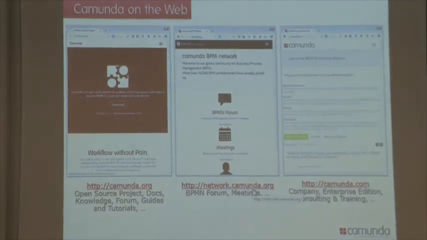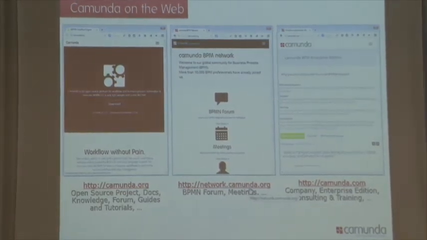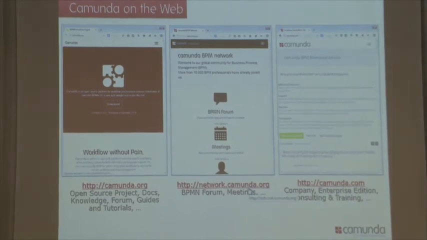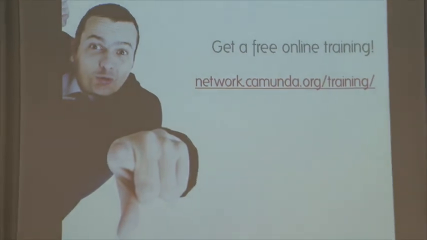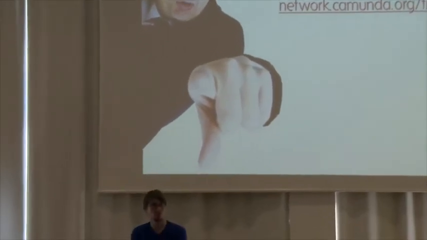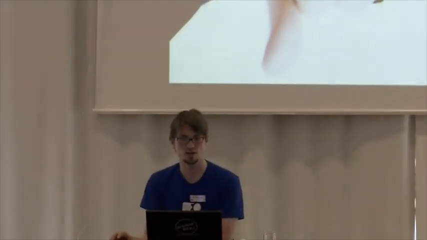We're currently trying to set up a meeting in Vienna, a community meeting, where we basically have some exchange between users of Camunda. And if you want to get started, we have an online training with a couple of videos and these kinds of things. You find that on the network as well. It's free, so you can just register there, get the training. You see me a bit more in some videos and get running. We have a tutorial as well.